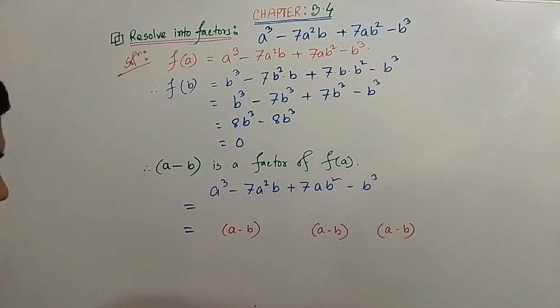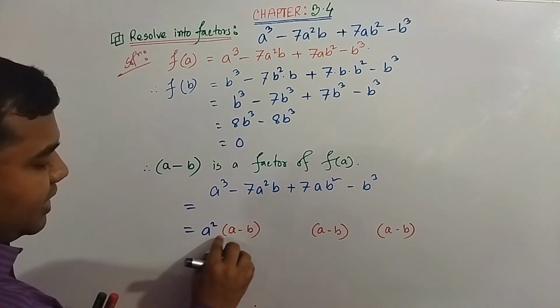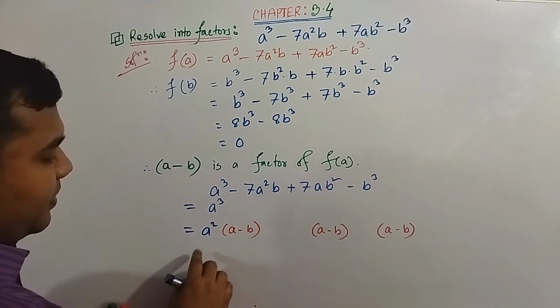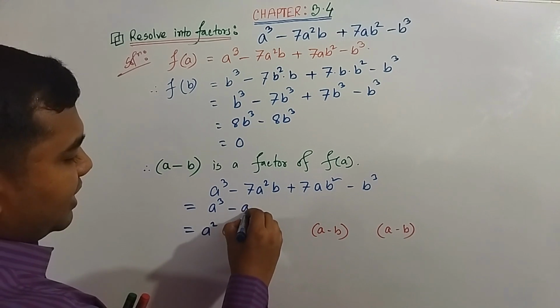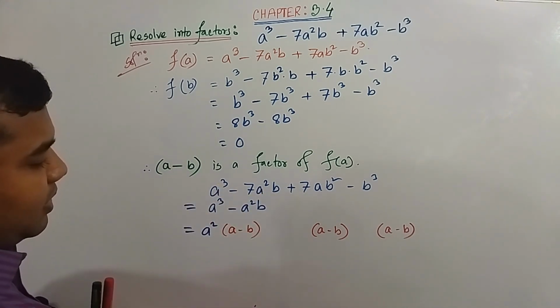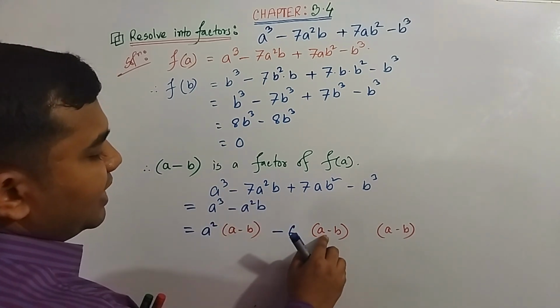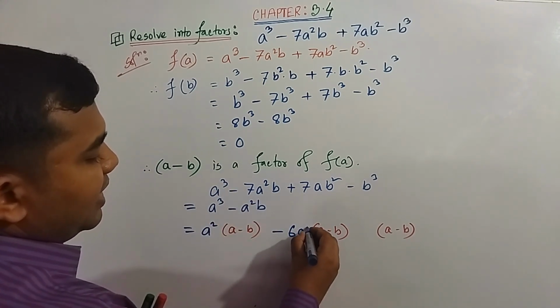So here if we multiply a square with that, then a square into a will be a cube, a square into b, that is minus a square b. But here we need 7a square b. So how many a square b is needed? Exactly 6.